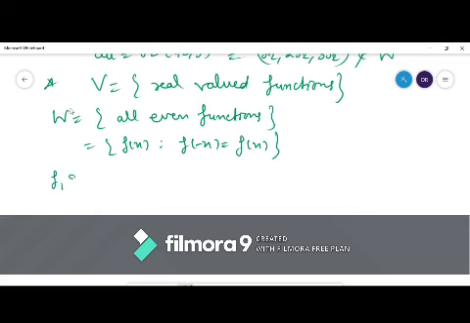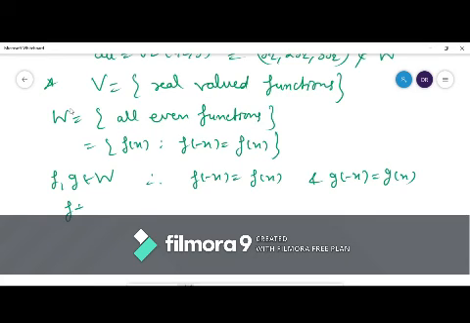Let f and g belong to W. Therefore f of minus x is equal to f of x and g of minus x is also g of x. Then we check (f plus g) of minus x, this is f of minus x plus g of minus x, which is equal to f of x plus g of x, which must be equal to (f plus g) of x.